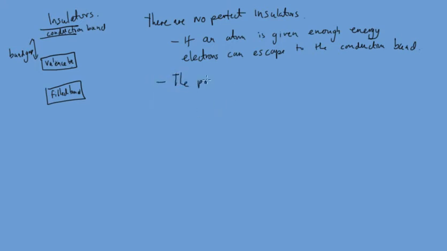The point an insulator starts to conduct is the breakdown voltage.